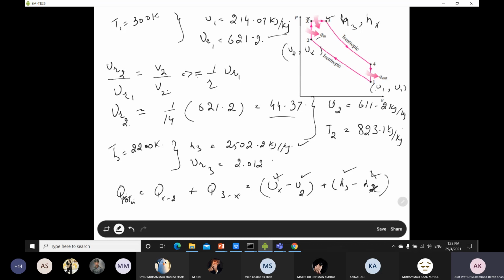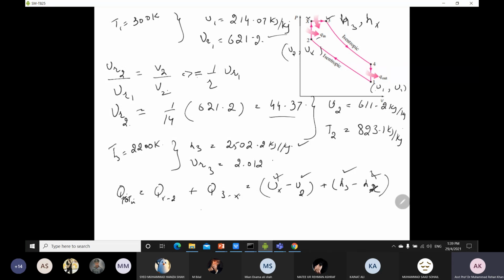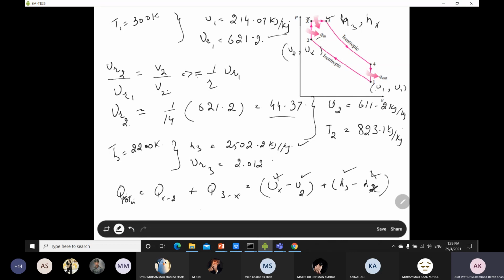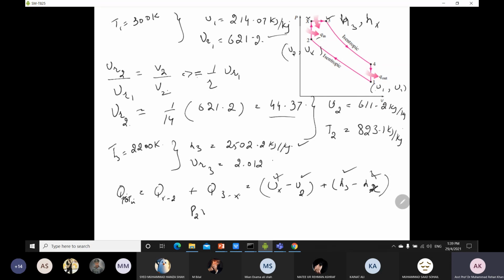If you remember from the problem statement, it is given that the pressure ratio, that is P3 over P2 or Px over P2, is 1.58. So what you have to do is apply one relation, P2 V2 over T2 is equal to Px Vx over Tx.